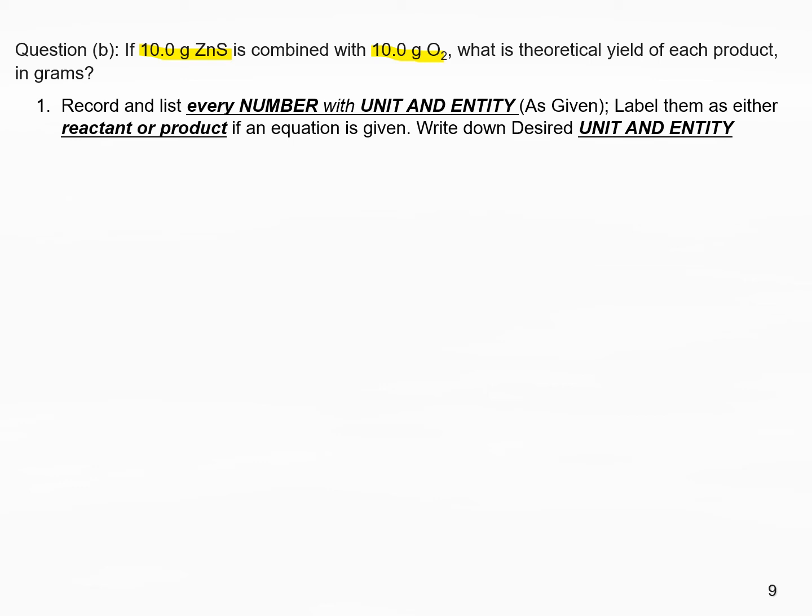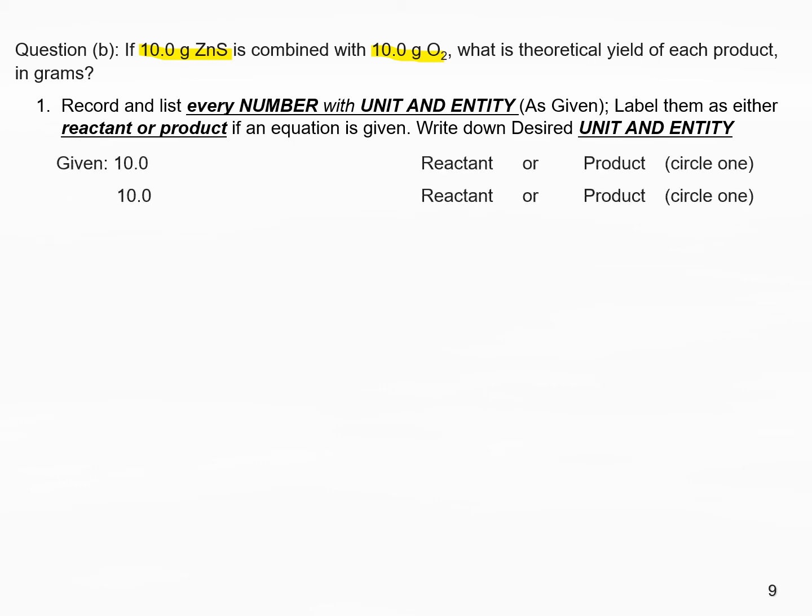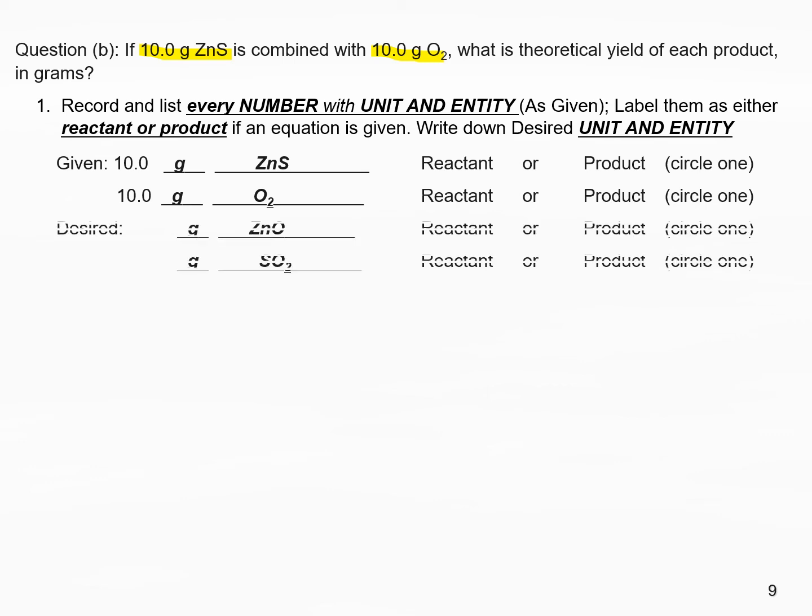So we're going to write down the desired unit and the entity. So we got 10 grams of something, 10 grams of something, right? As we fill them out, we got 10 grams of zinc sulfide, 10 grams of oxygen. And we're going to label those reactants and products in 1 minute.